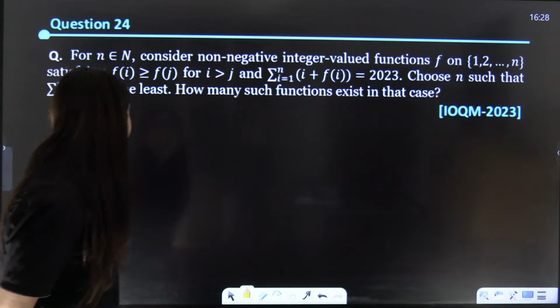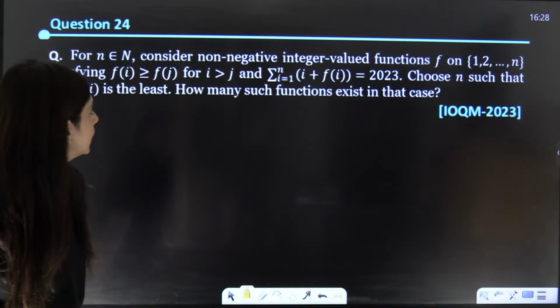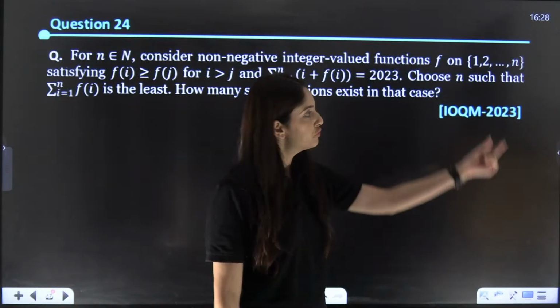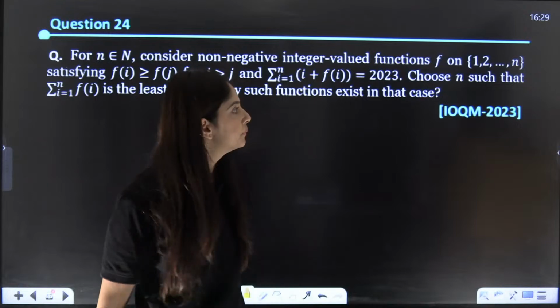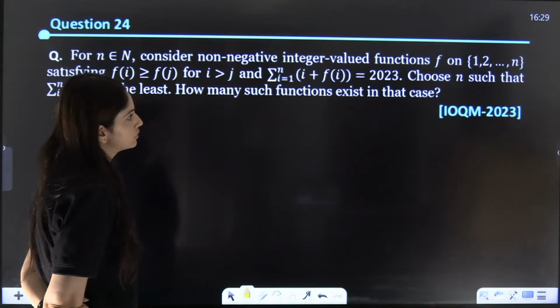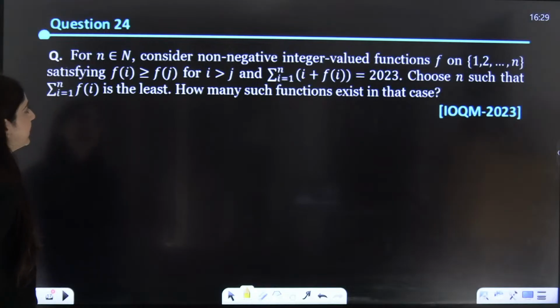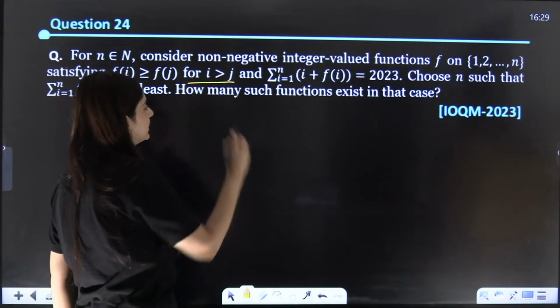N is a natural number. Consider non-negative integer valued functions, which means f on 1 to n, right? Satisfying f(i) is greater than or equal to f(j) for i greater than j.